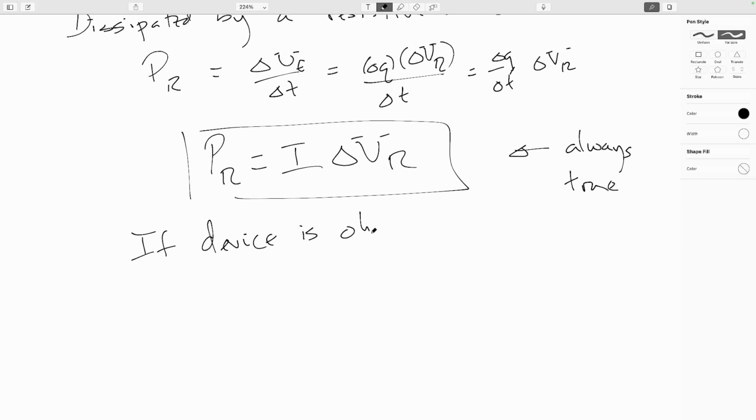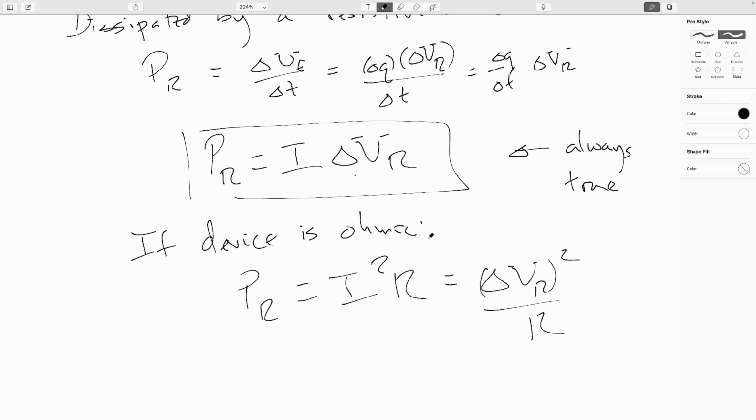By delta V equals I times R, we can say it's equal to I squared R. Or we can rearrange it to get delta V squared over R. Honestly, I probably use these about equally often, because most of the time we'll be worried about ohmic devices.